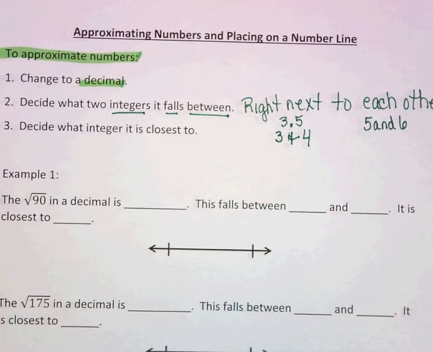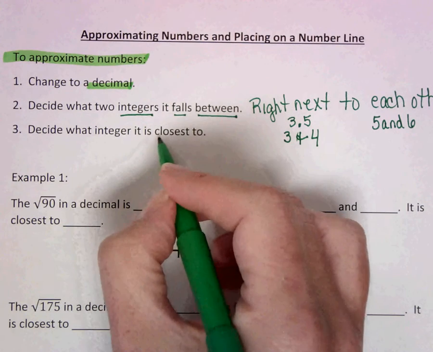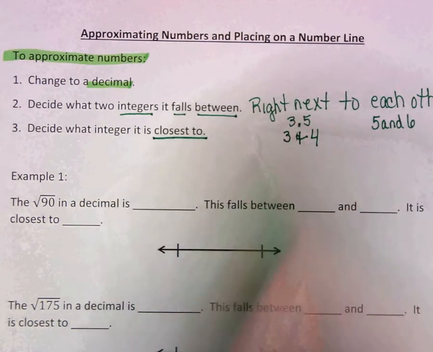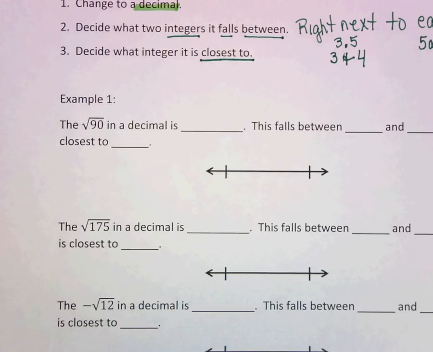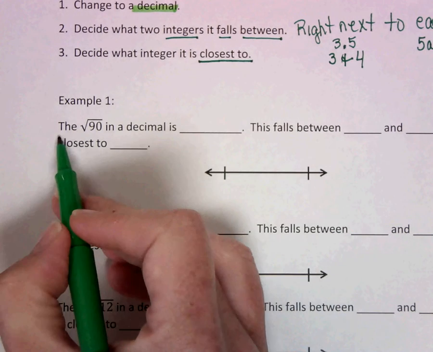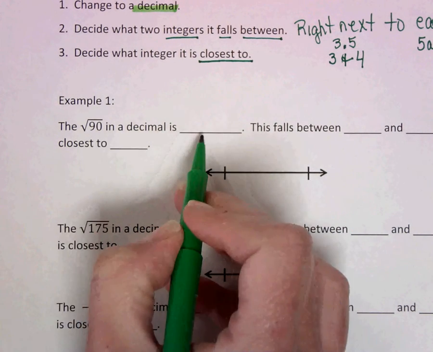Okay? And then also, that's really important, we want to decide what integer it's closest to. Okay, so let's look at a couple of examples. The first one is the square root of 90. The first thing we want to do is change it to a decimal.